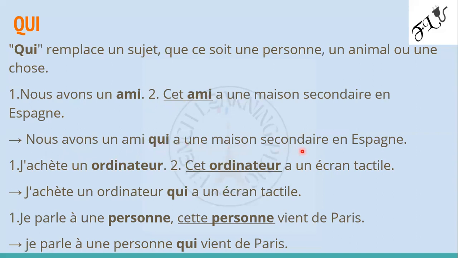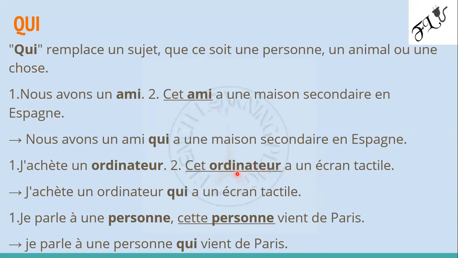Ça va? We now have a complex sentence by joining those two sentences. All right? So let's move. J'achète un ordinateur. Cet ordinateur a un écran tactile. Ordinateur. So now, first one was a person, this one is a thing.